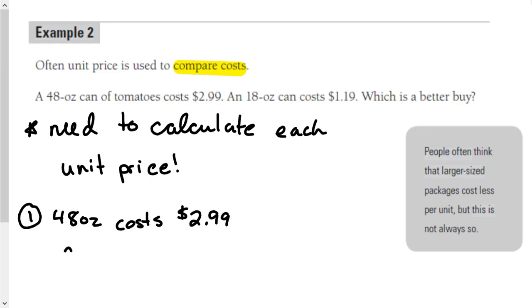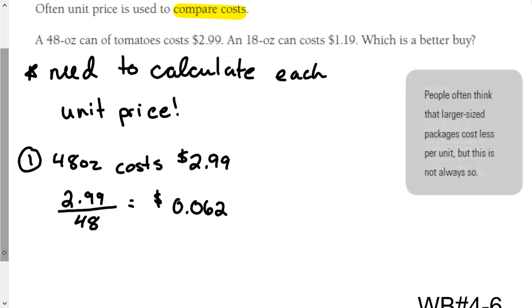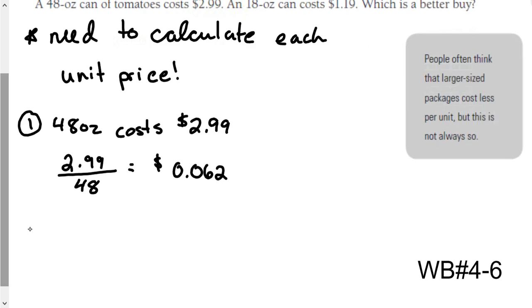So all this looks like is $2.99 divided by 48, which equals about 0.062. Now I have this not rounded to 2 decimal spots because we need to compare it a little more precisely. So you need to keep as many decimals as you need to compare.